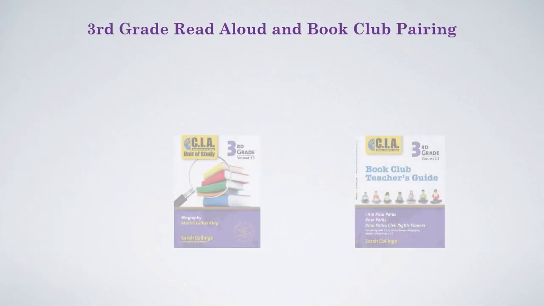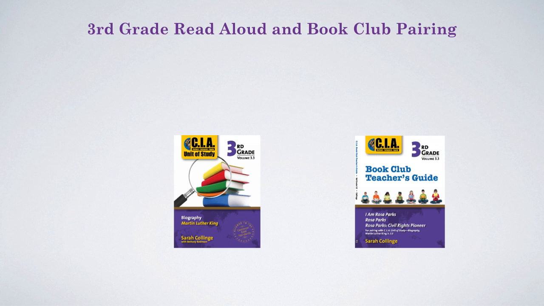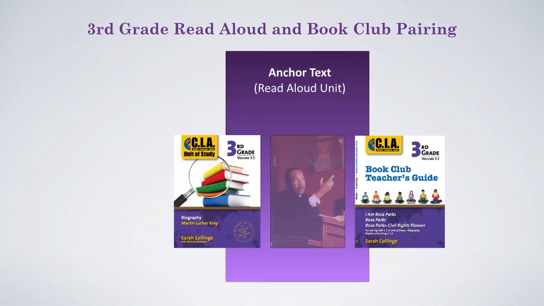Let's look at how all these titles and outside sources are woven together within CIA Read Aloud and Book Club unit pairings. In this 3rd grade example, you will see that we have the anchor text, Martin Luther King Jr., which is the Read Aloud unit. We have text that gives students context for that anchor text, and those are intentionally woven into that unit.